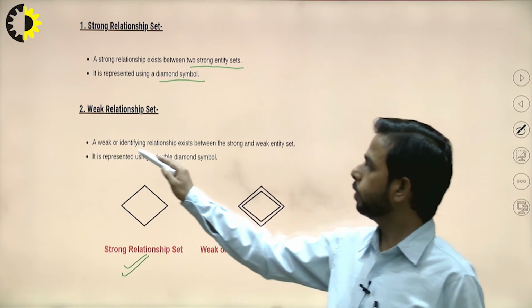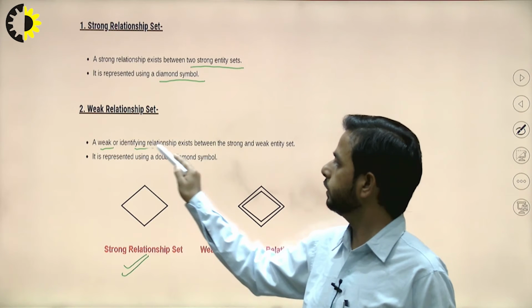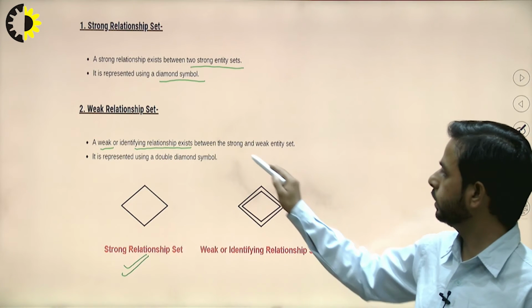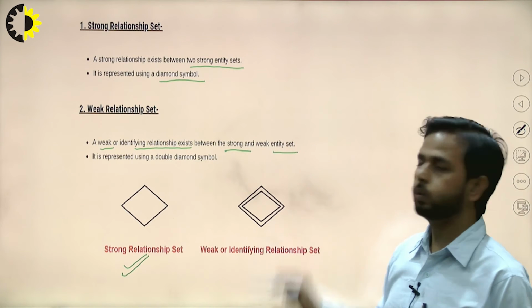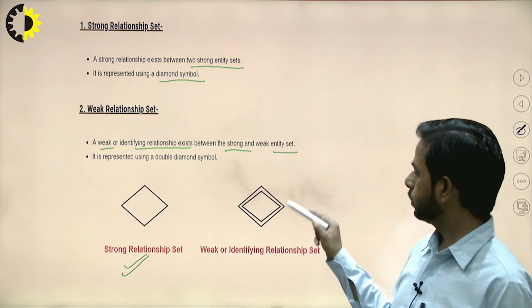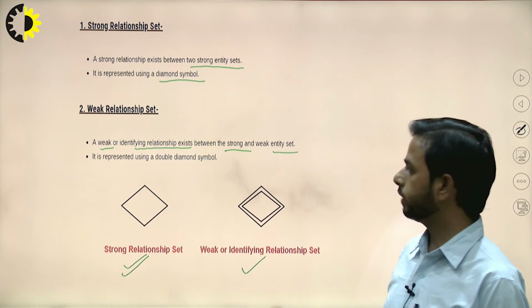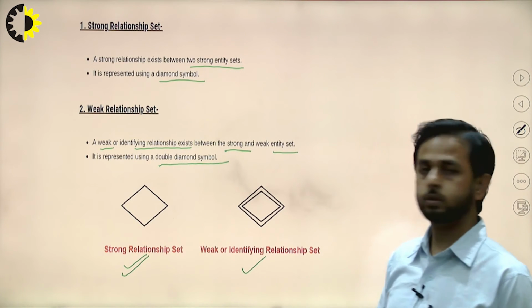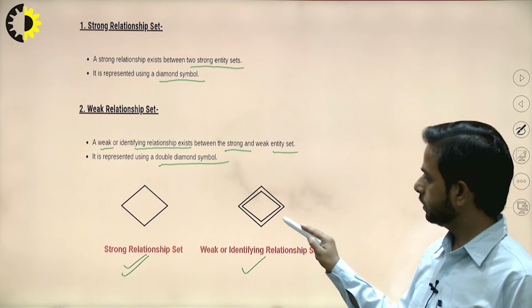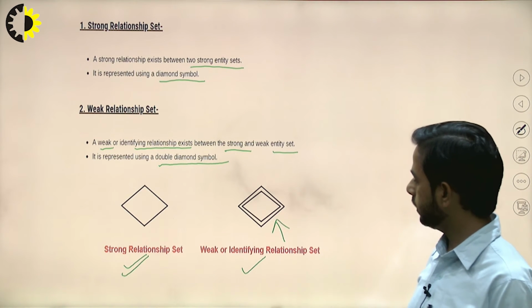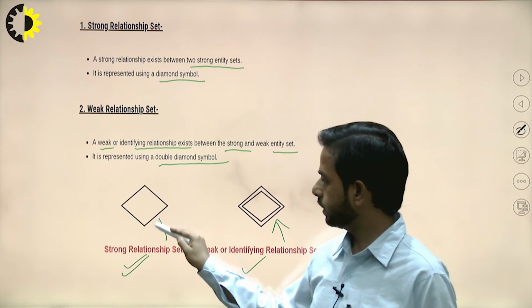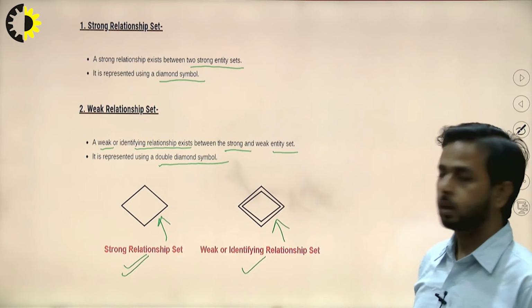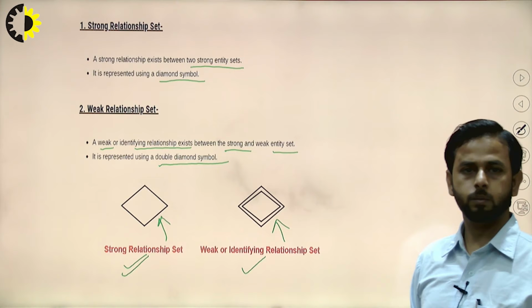A weak or identifying relationship exists between a strong and a weak entity set. So this is the weak or identifying relationship set. It is represented by a double diamond symbol. So this double diamond is the weak or identifying relationship set, and this single diamond is the strong relationship set.